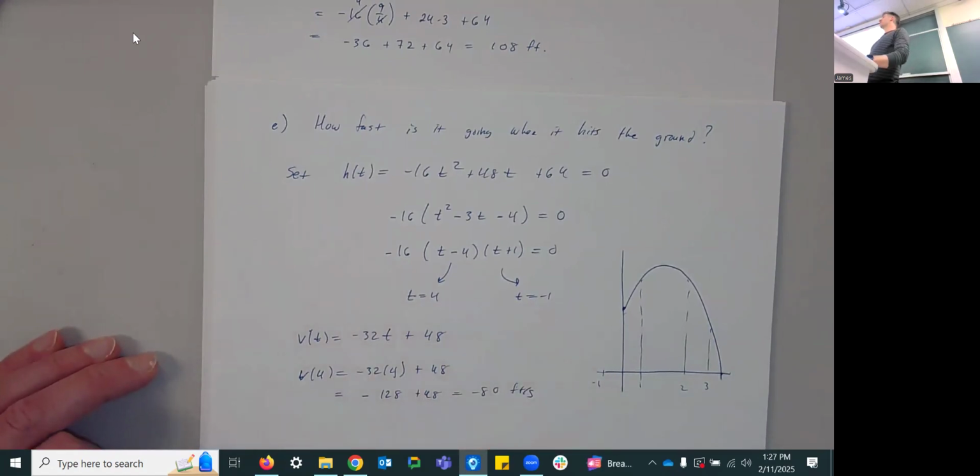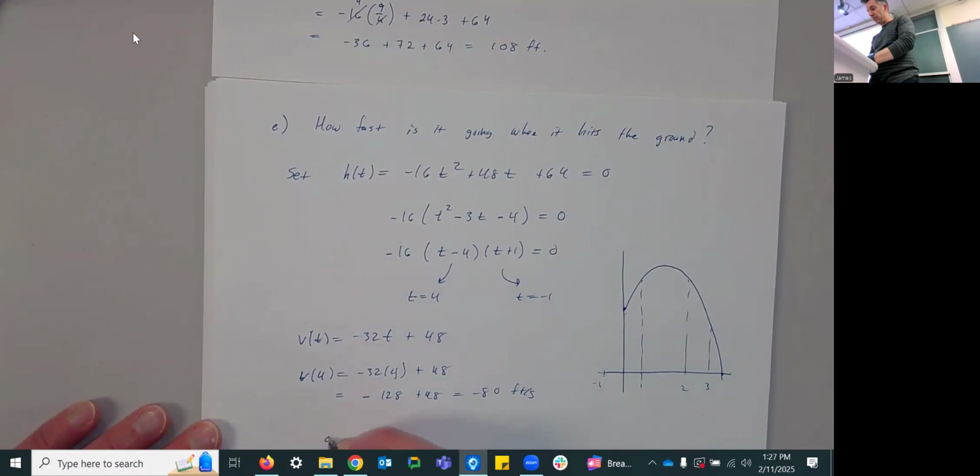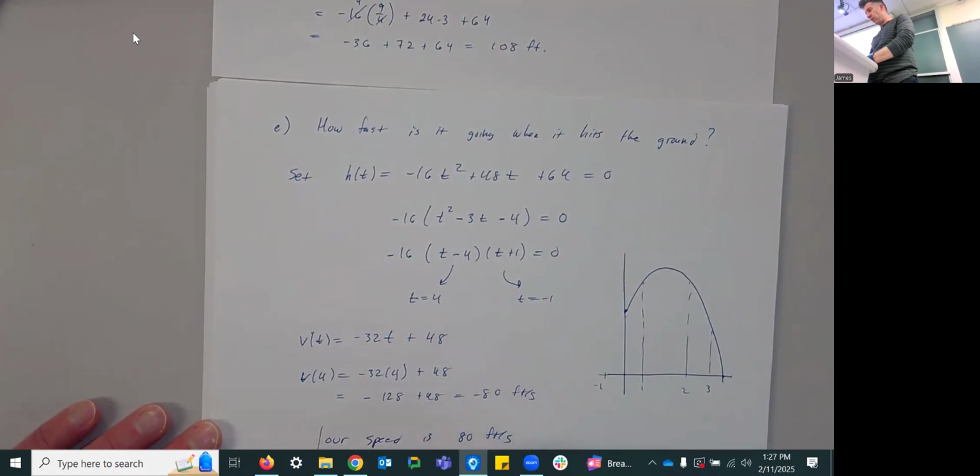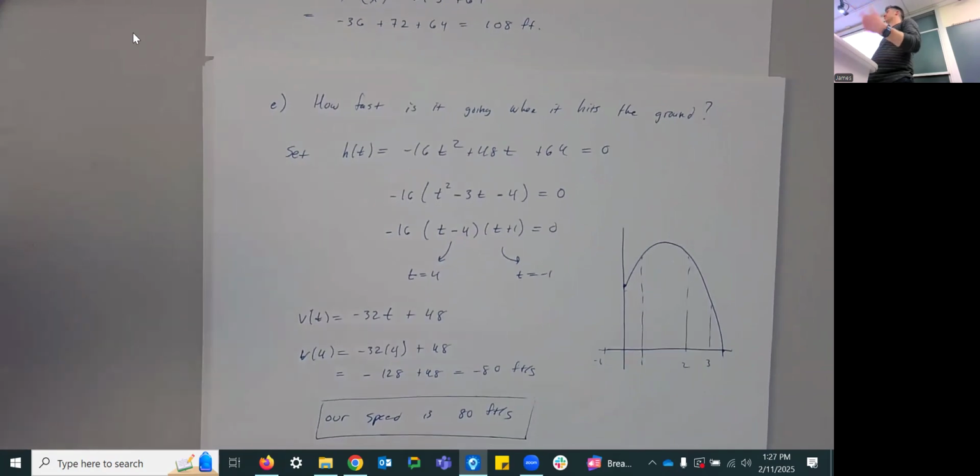If they ask just how fast, you don't really need to include the negative. So we could say that our speed is 80 feet per second. That's how fast we're going when we hit the ground. We happen to be going in the downward direction, but it doesn't really matter.